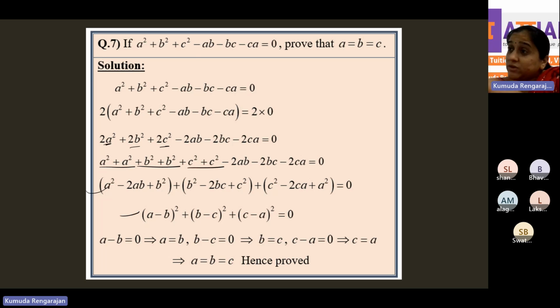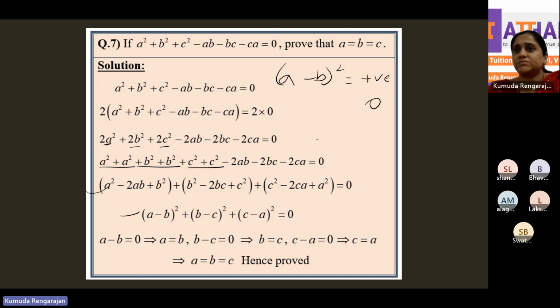Why? Because it is a minus b the whole square. Even if a minus b is negative, when you square it, it becomes positive. So we are narrowing down the options. It cannot be negative, so it can be positive or it can be 0.